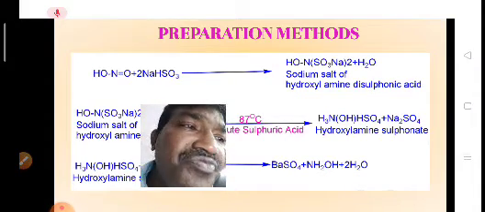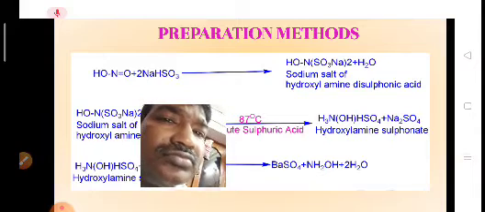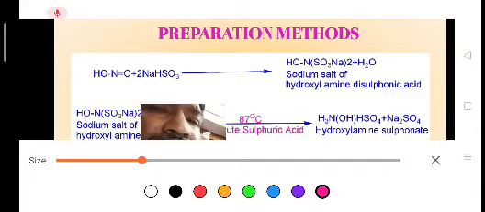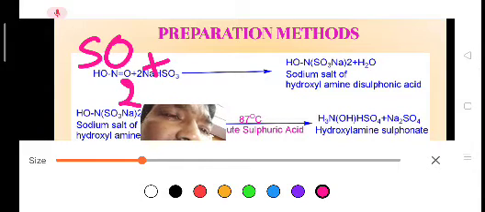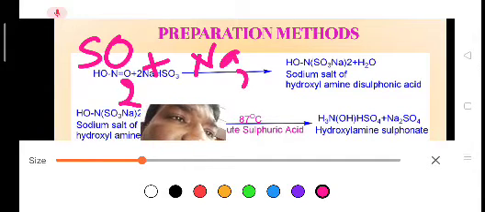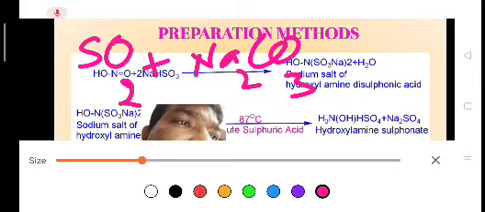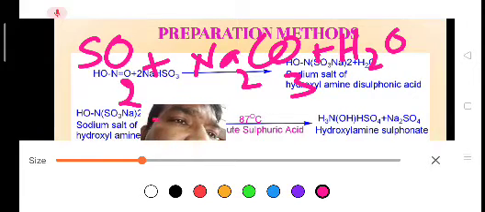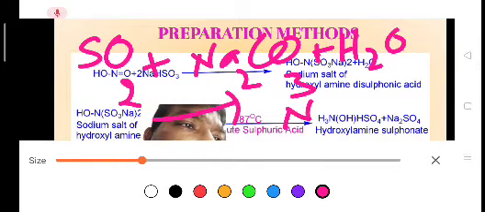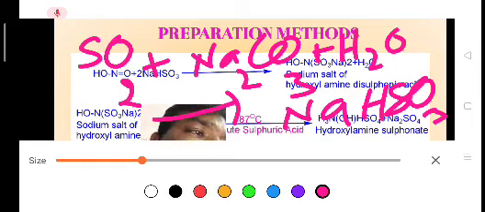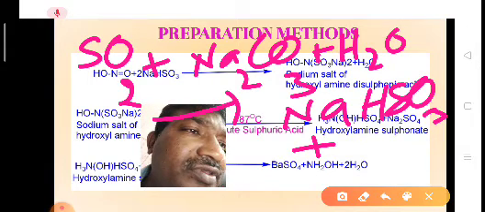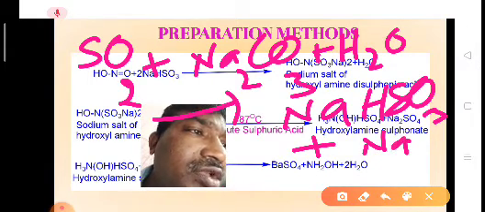Look here. Sulfur dioxide gas we are using. So whenever we send the sulfur dioxide into the sodium carbonate aqueous solution, what happens means we get the sodium bisulfite NaHSO3 plus sodium bicarbonate.